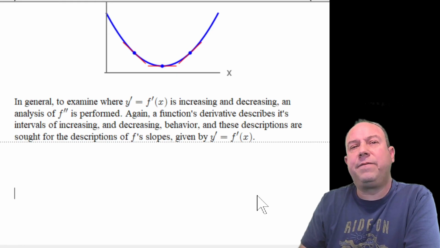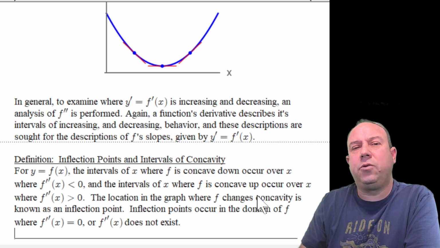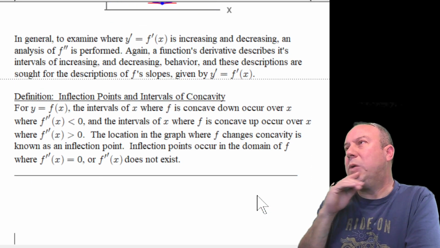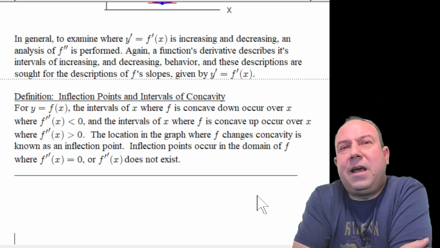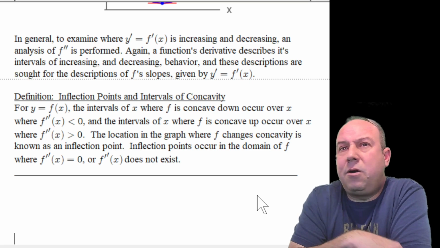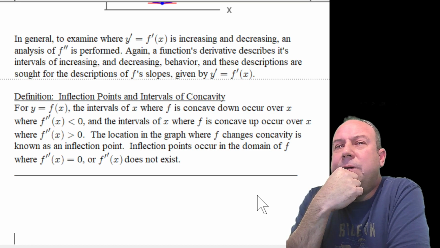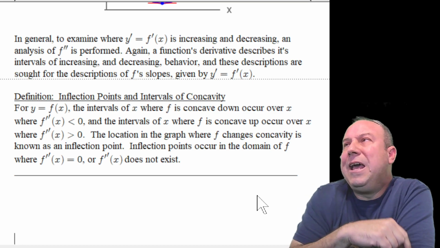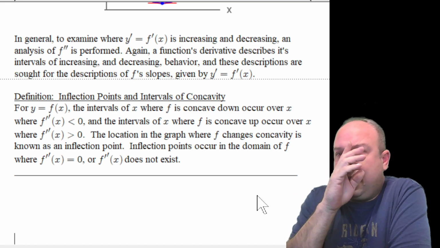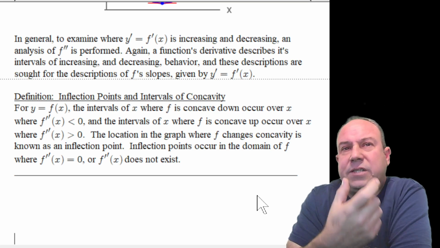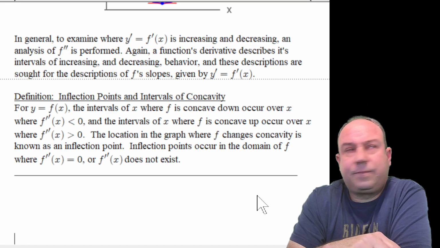If we bring this into a definition, we see here by definition, as we've noted, inflection points are going to be the locations between these intervals of concavity. And where we're concave up or down, we will see the slope of the line tangent to the curve increasing or decreasing in value with an analysis of the second derivative.